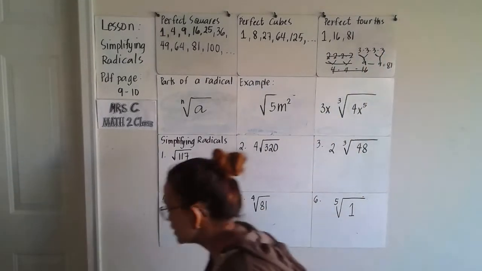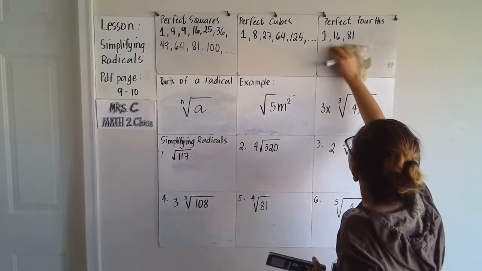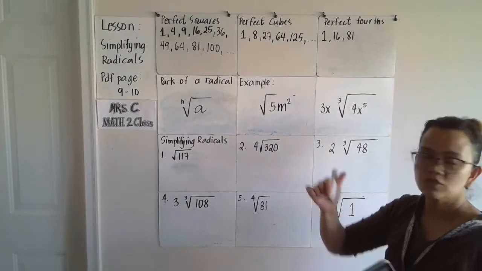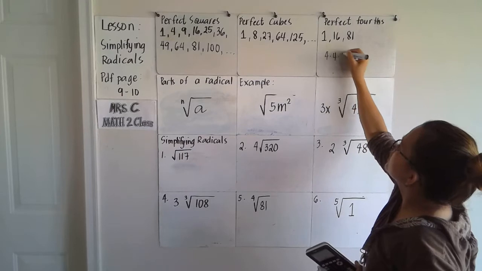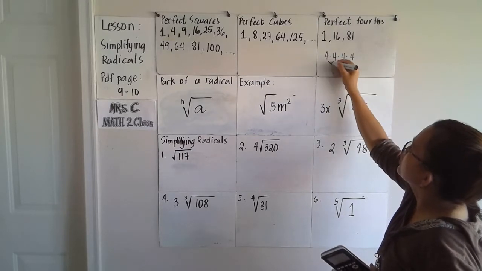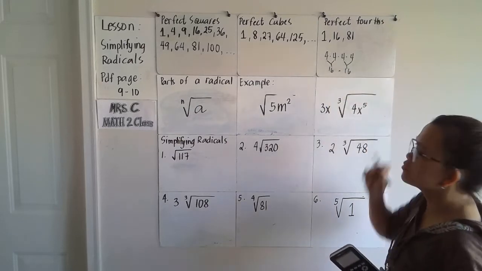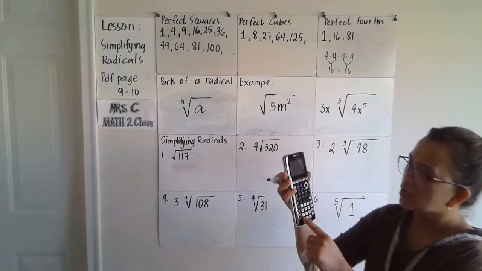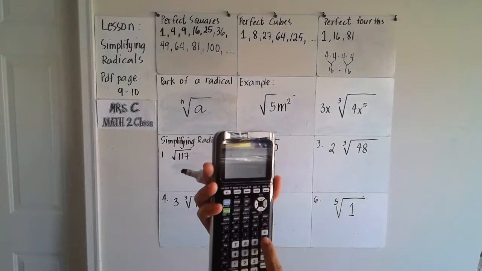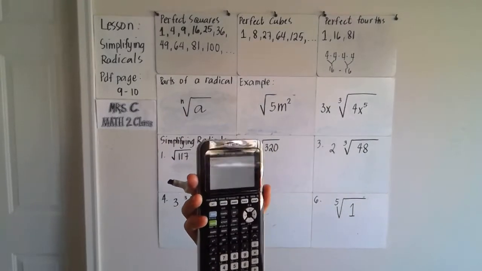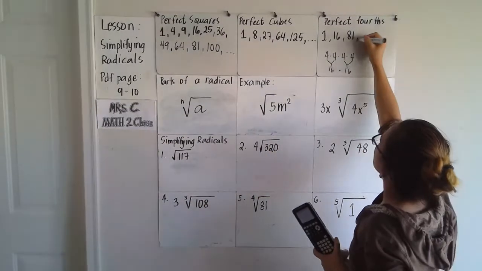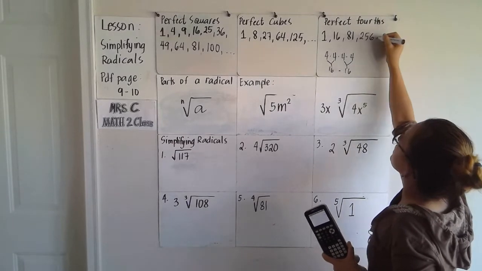Next to this will be 4. So let's multiply 4 four times. 4 times 4 times 4 times 4 will give you 256. 16 times 16 is a big number, so you may use a calculator. And so on.